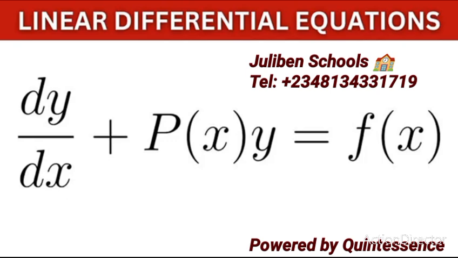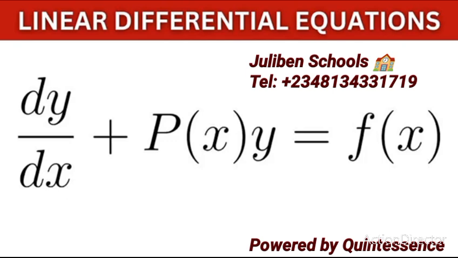So you're going to have (1 minus n) y raised to power 1 minus n minus 1 times dy/dx, which gives you (1 minus n) y raised to power minus n dy/dx, which is just the first part of step 2. Then you can substitute, which is step 4. Substitute z for y raised to power 1 minus n, which takes the position after the p of x, and substitute dz/dx for (1 minus n) y raised to power minus n dy/dx, which takes the position of the first part of the DE. And at that point, step 5, you now obtain a linear differential equation.